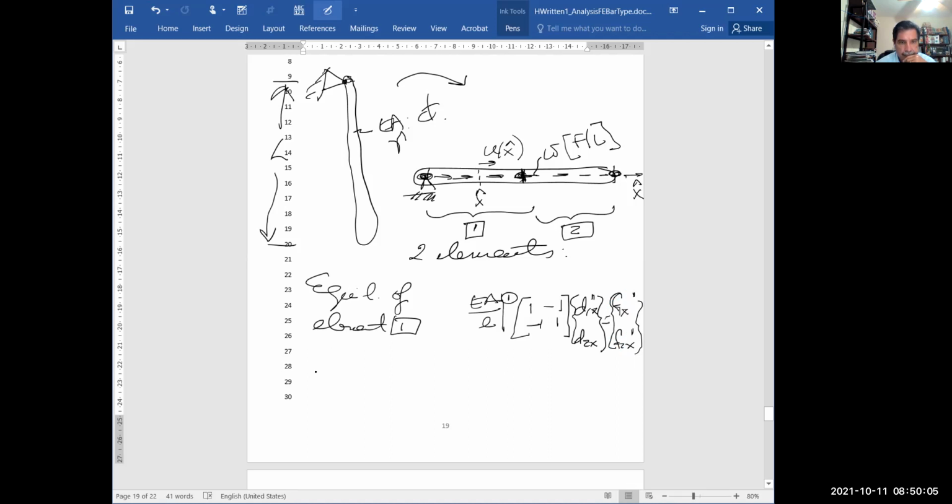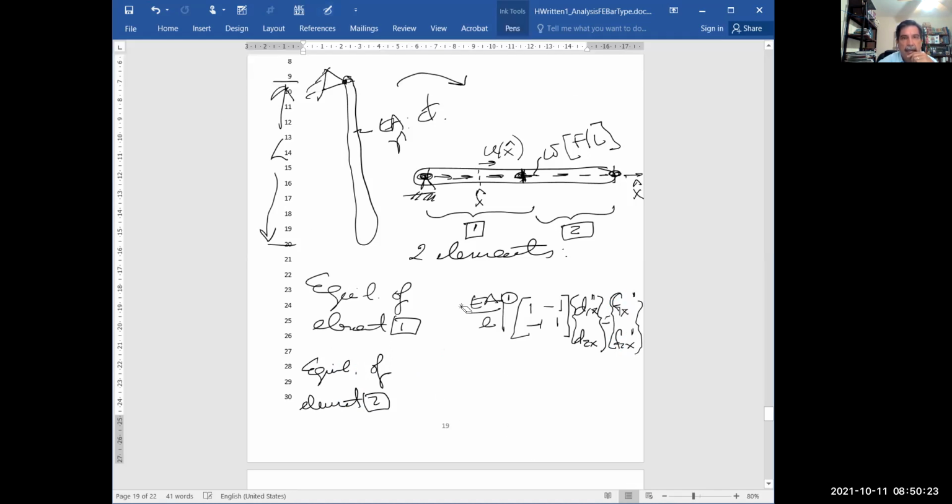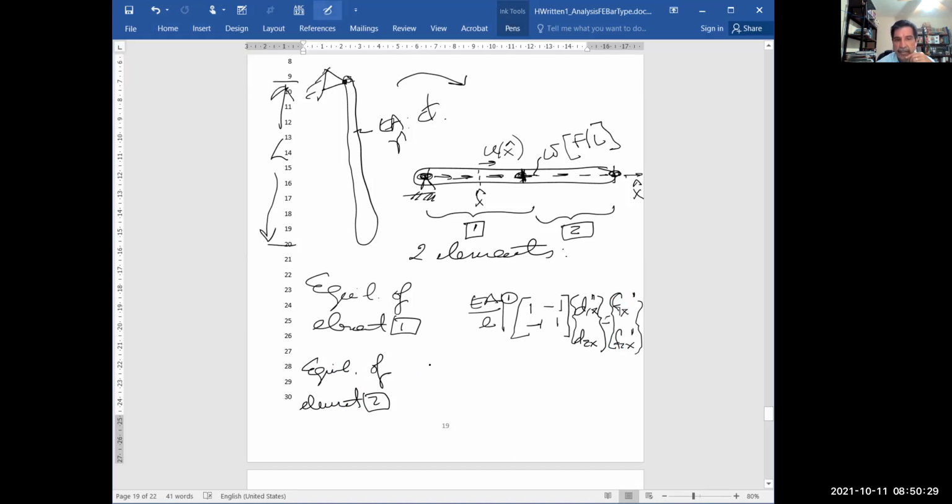Now, we do something similar for the second element. This is EA over l. Now, in general, as I must insist, this product could be different. This, in general, could be different than this one. Okay?